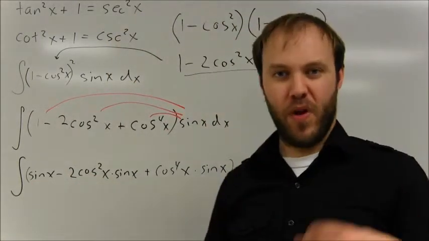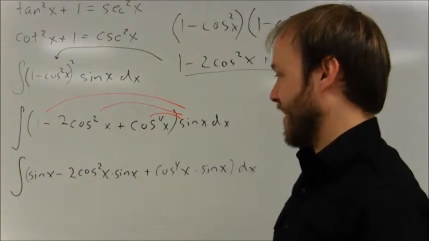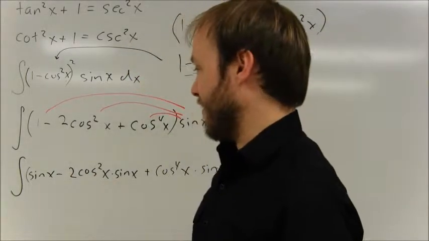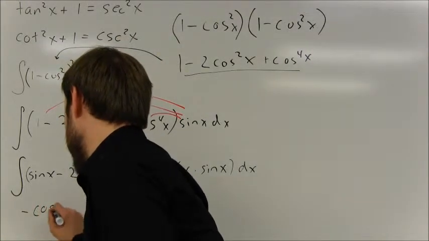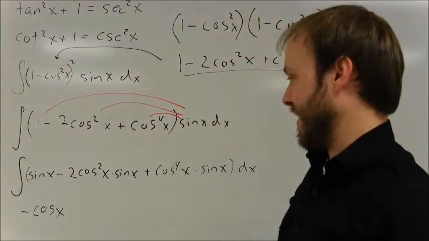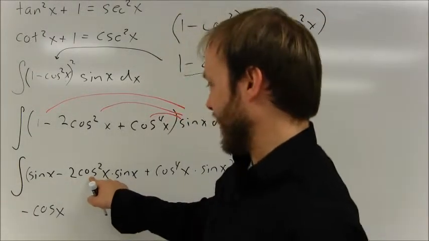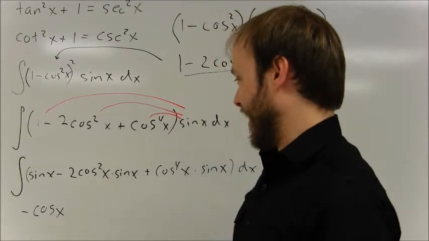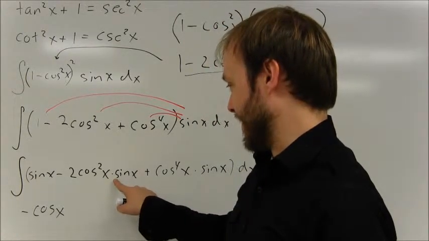I'm not going to write it out that way, but basically I can take the integral of each of these parts separately. So the integral of sine of x, of course, is just negative cosine of x. And then this is going to be cosine squared. The derivative of cosine of x is going to be the sine of x.